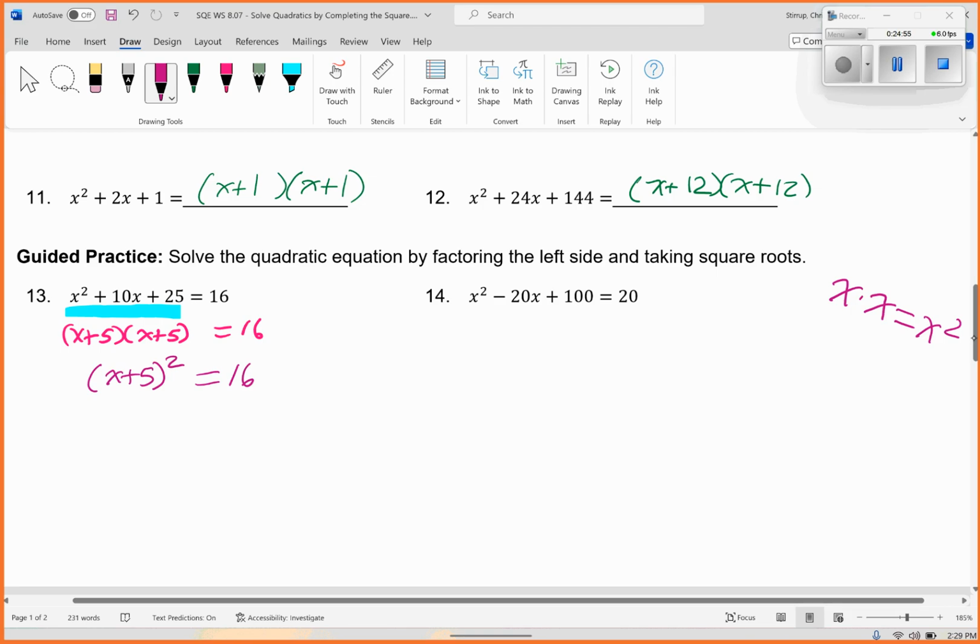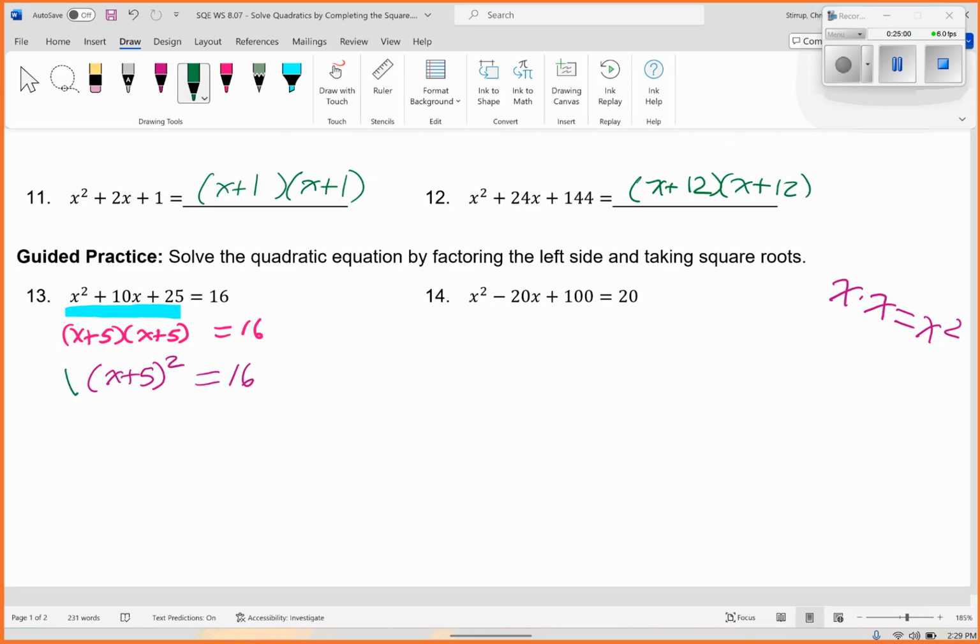Root. Yeah, baby. All right, root. Don't forget plus minus. Square root of 16. Subtract 5, subtract 5.